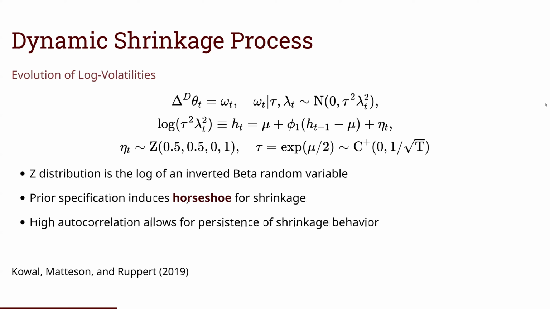So my question was, why do we need to demean to define HT? In the autoregressive part, why don't we have just HT minus 1 or something? I don't know, I never thought about that.